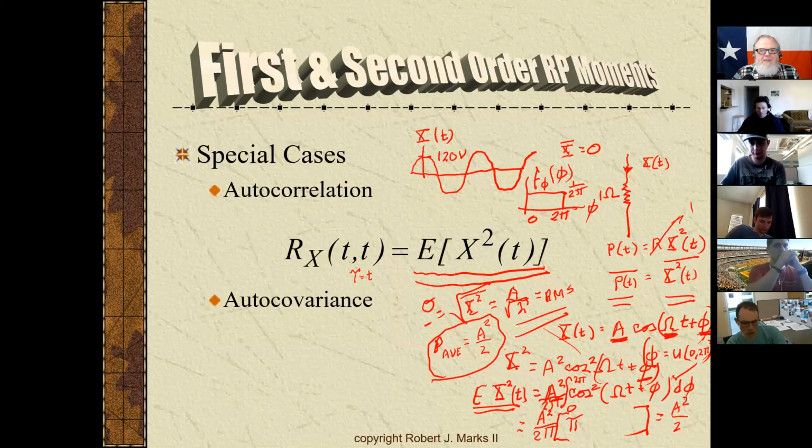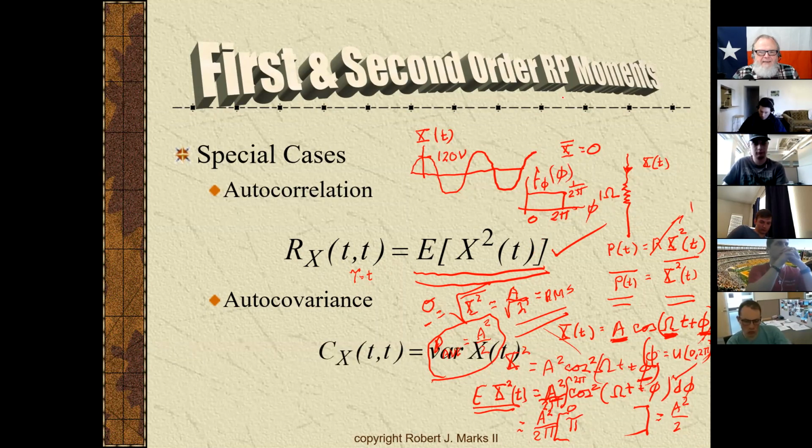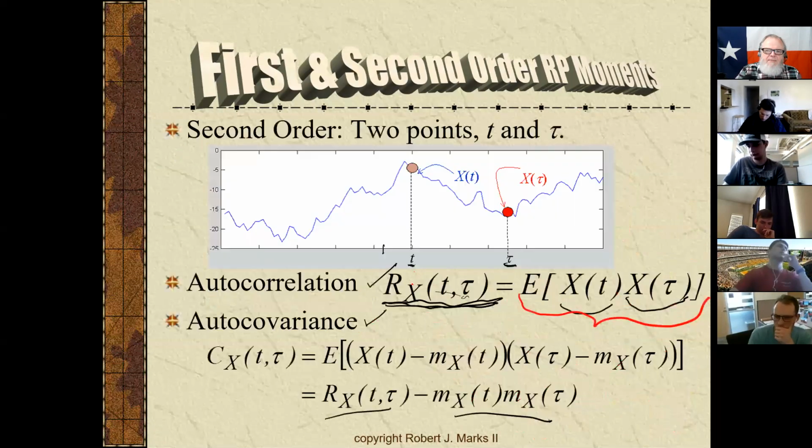Okay? So that's the reason the autocorrelation is so important: it relates very nicely to power. Many of you have heard of the concept of the power spectral density of a stochastic process, and it turns out that this autocorrelation is related to that, and we'll see that very soon. Okay, the corresponding value, if we take the autocovariance, what was the autocovariance?